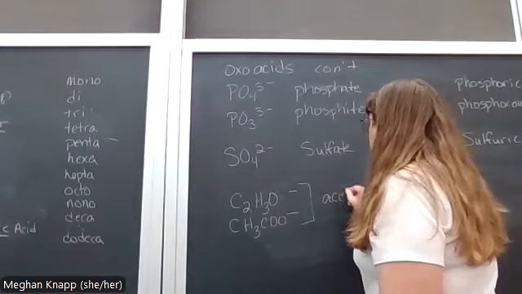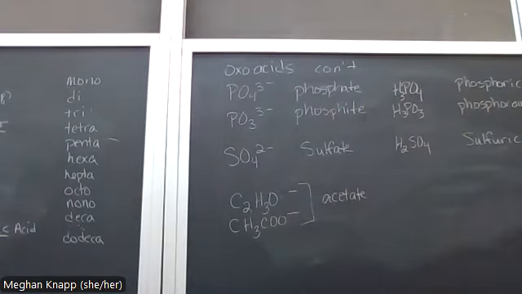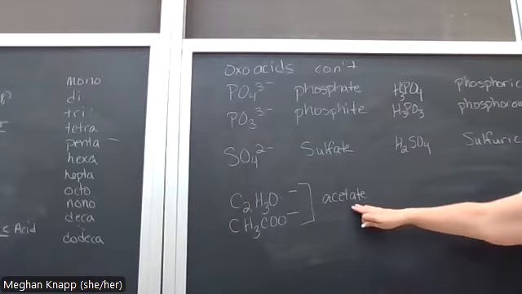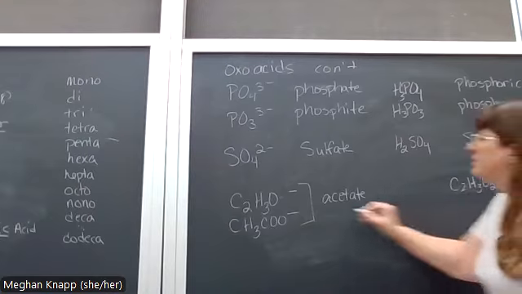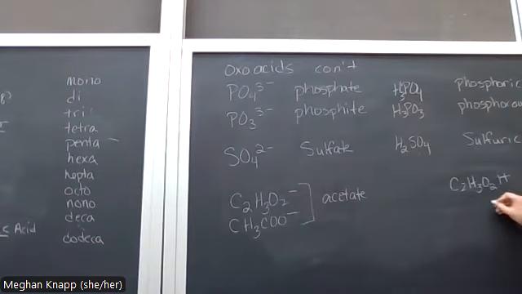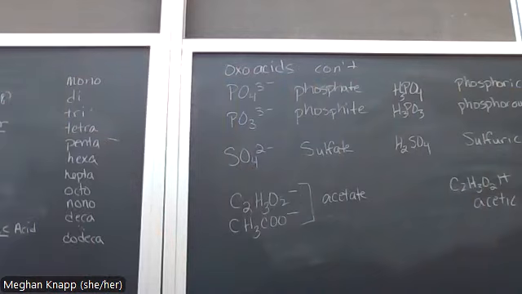This ends in ate. The acid that goes along with this, we change ate to ic, and it becomes acetic acid. So C2H3O2H. See there? This is acetic. Okay. So phosphorus and sulfur are exceptions to just changing the ending.